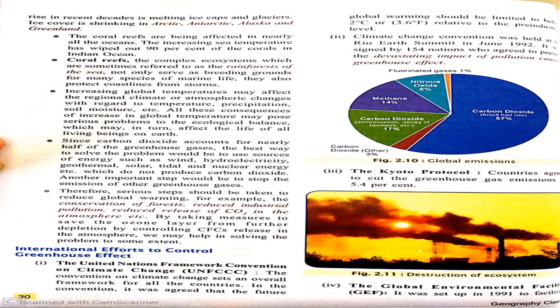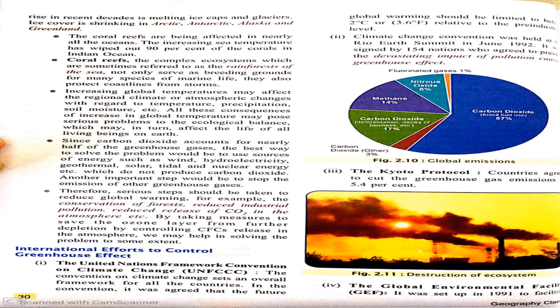In this convention, it was agreed that future global warming should be limited to below 2 degrees Celsius or 3.6 degrees Fahrenheit relative to the pre-industrial level. So here they all came to an agreement to limit it to below 2 degrees Celsius relative to the pre-industrial level. Now, the climate change convention was held at the Rio Earth Summit in June 1992.